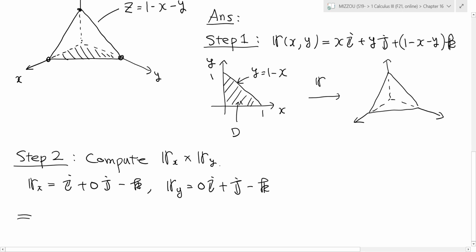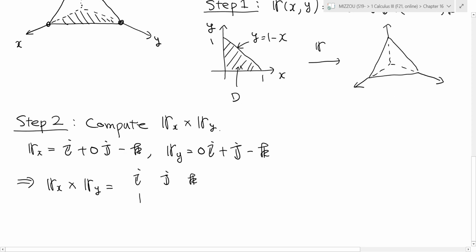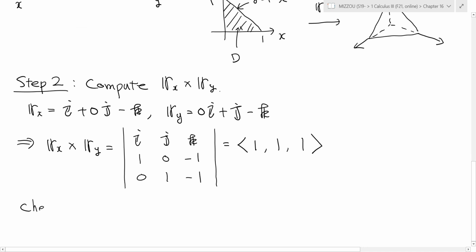From those, you can compute the cross product, the determinant with rows i j k, 1 0 -1, 0 1 -1, and it turns out to be (1, 1, 1). Once we get this, we need to check the orientation.